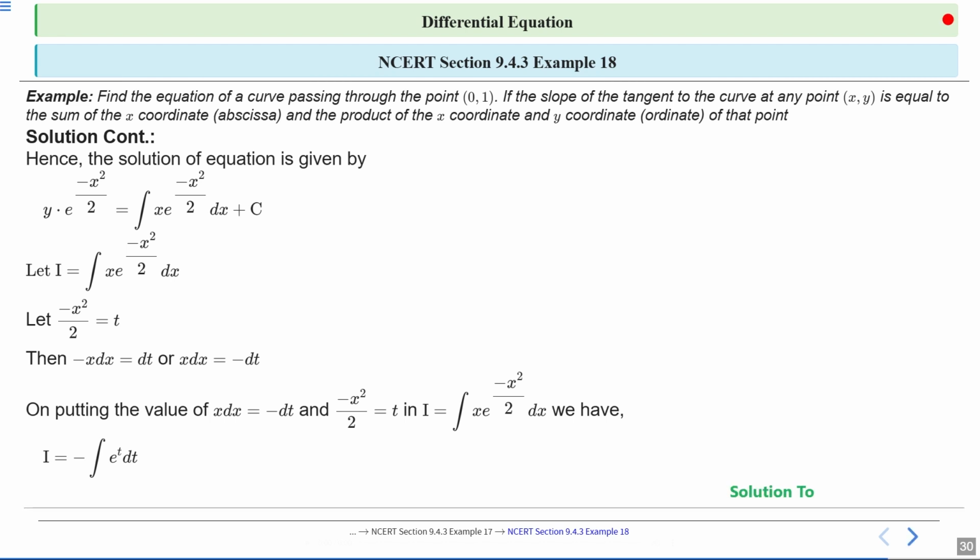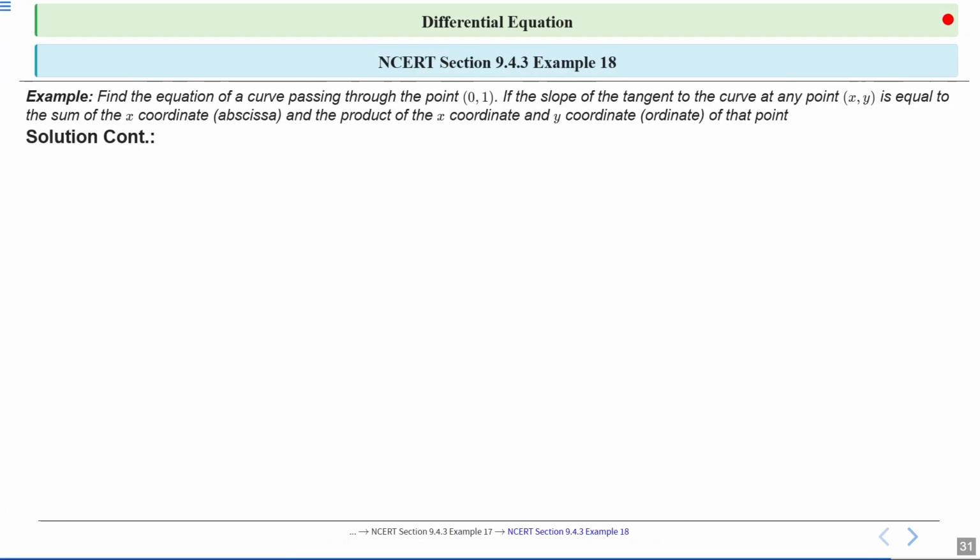So now we have to integrate. We know that integration of e^x dx is e^x, so just use this formula. We get I is equal to minus e the power t. So just substitute back the value of t, so we get minus e the power minus x square by 2.